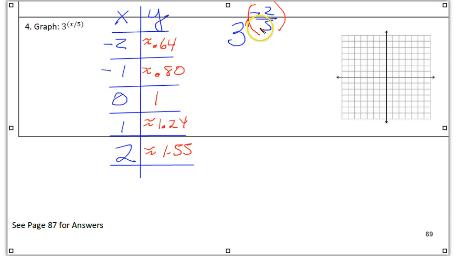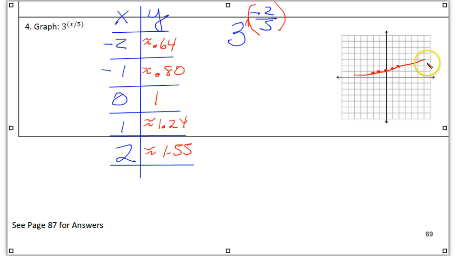If I put a negative 1 there, I get approximately 0.80. Now if this is 0, anything to the 0 power is 1. And then if this is a positive 1 here, putting it into my calculator, I get this, and 2, I get this. And again, we just want to get the idea of what would the shape of this particular function look like.